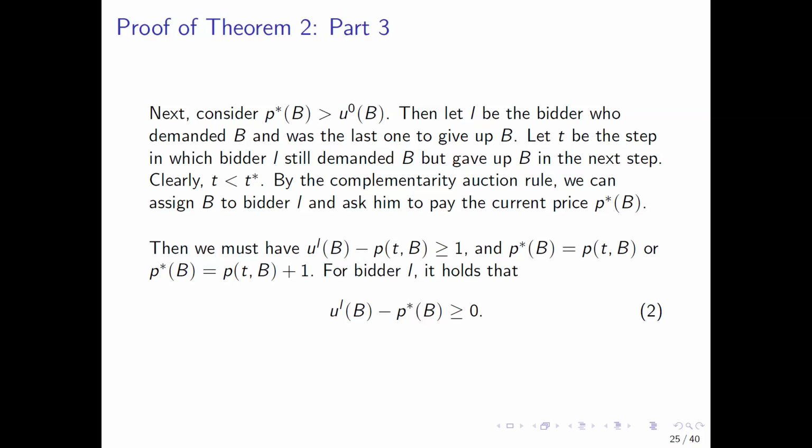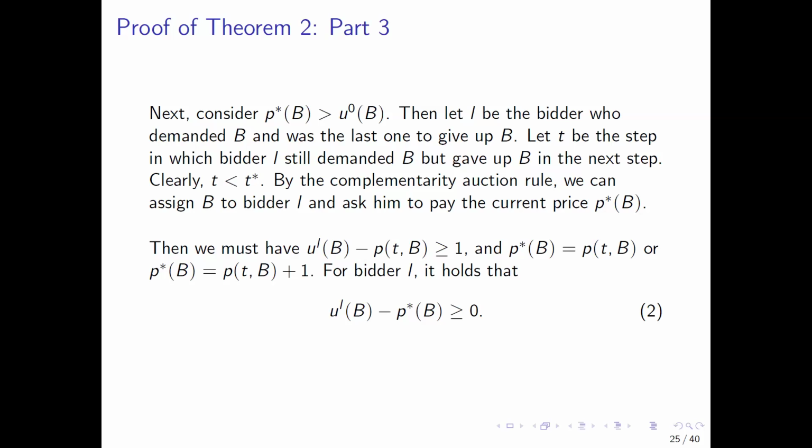Okay. So here, at time t, this value for bidder A for bundle B, the surplus, must be greater than or equal to 1.